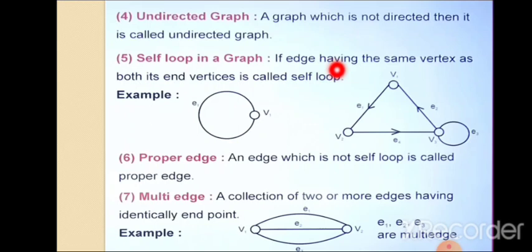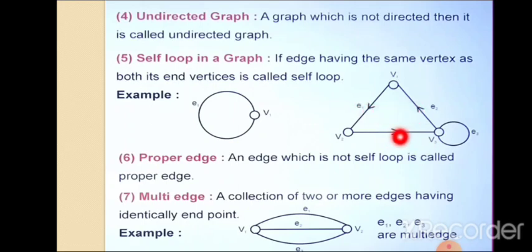An edge having the same vertex as both its end vertices is called a self loop. Like here, V1, V2, V3 are the vertices and E1, E2, E3, E4 are the edges.